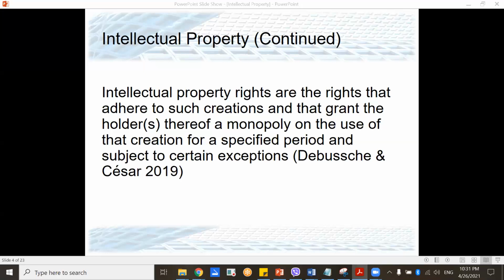When we talk about IP rights, we're talking about rights that adhere to such creations, the creation that the company or the business creates, and grants the holder of those rights the monopoly on the use of that creation for a specified period and subject to certain exceptions. And I give you a source there about that.